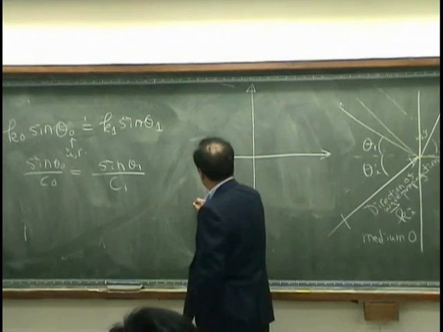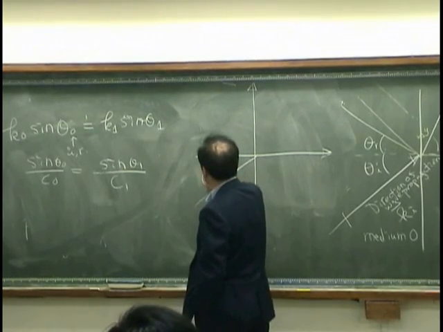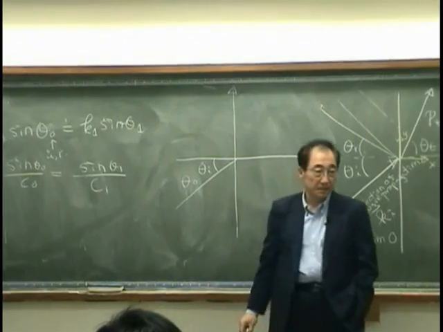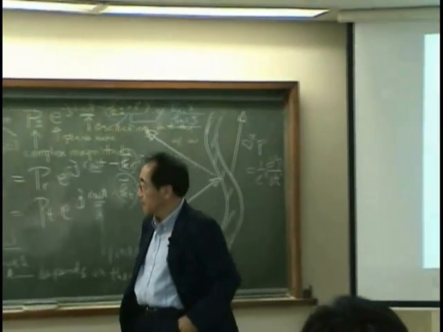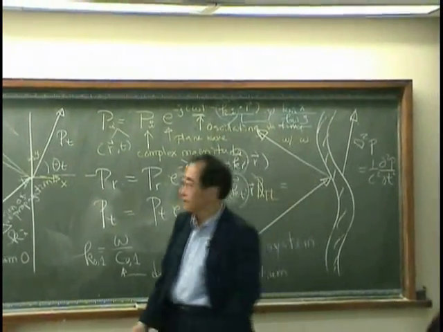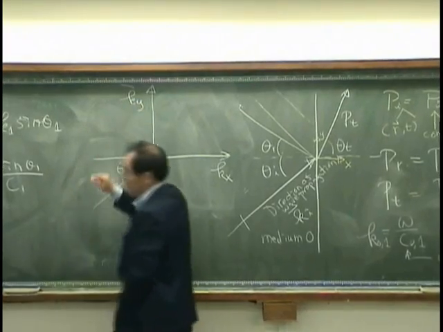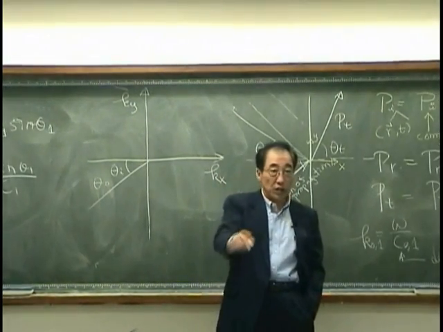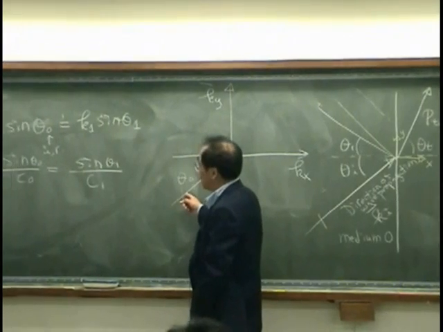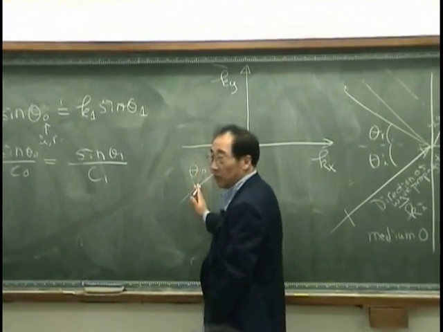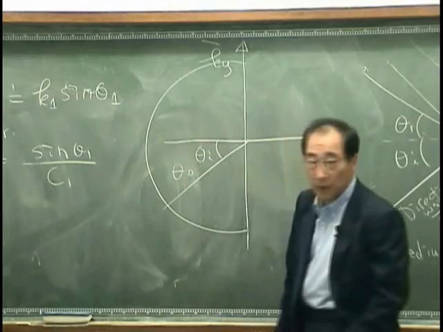K0 sine theta, theta i or theta 0. If I plot this on Kx and Ky in the two-dimensional case, as you just mentioned, K0 sine theta is the projection of this wave number, and I draw a circle over here.